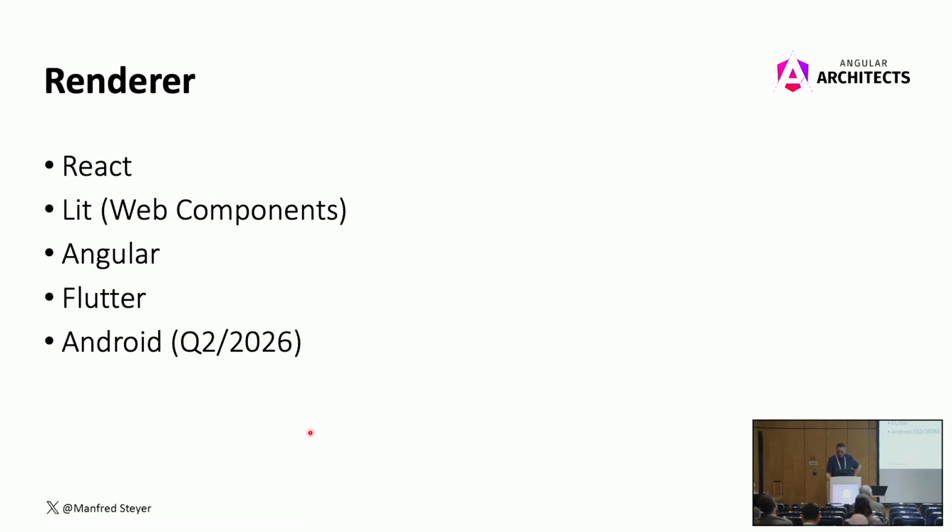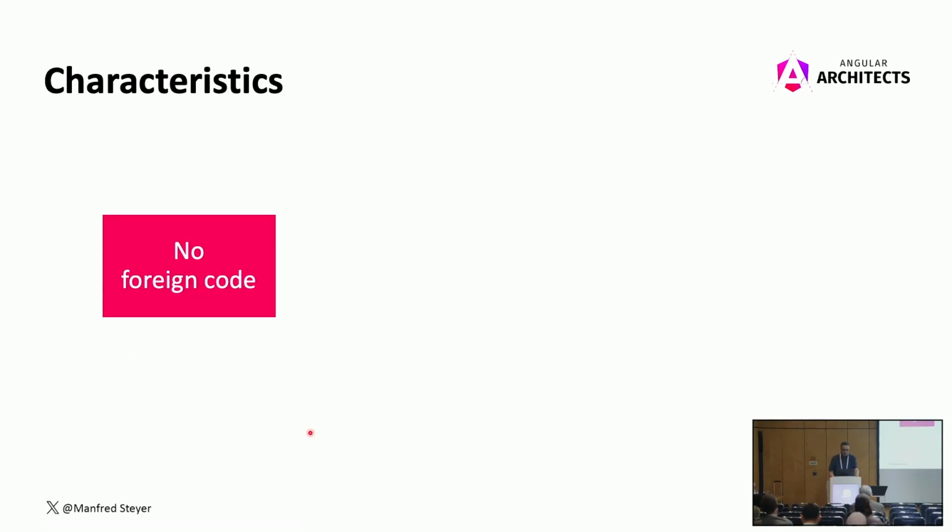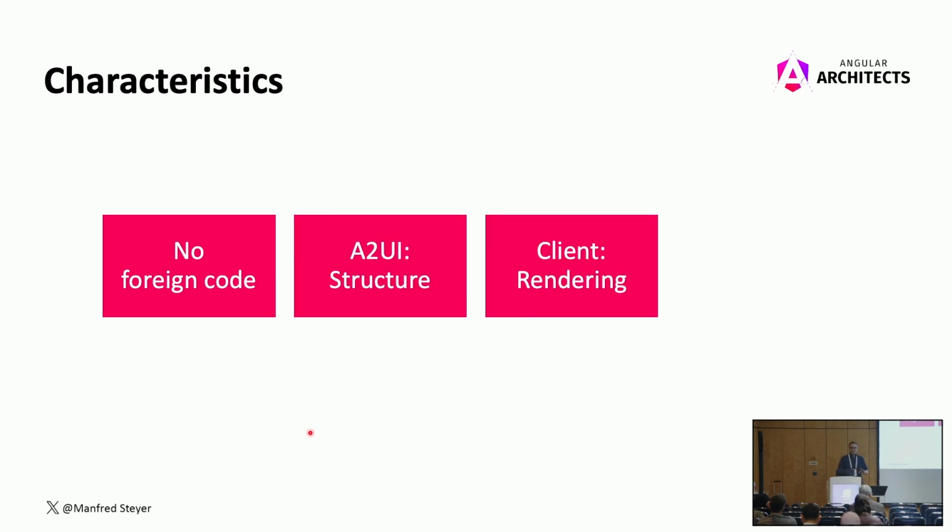This all has some nice characteristics. One characteristic is no foreign code. You don't execute foreign code. You only get the structure and you have to visualize it. And there is a clear separation between the structure from the LLM and your rendering. That means you render it according to your design system, according to your design language, your colors, your font sizes.